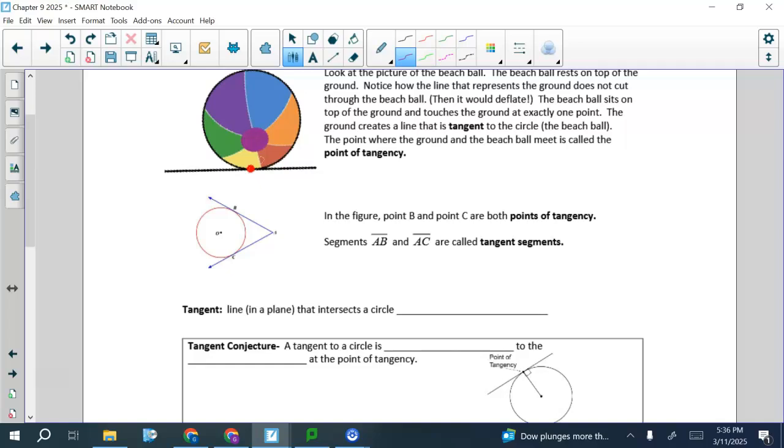If you have 2 lines that are tangent to a circle, but they meet out here at a point, they both have points of tangency. So B would be a point of tangency and C would be a point of tangency. Again, a tangent line in a plane intersects the circle exactly once.